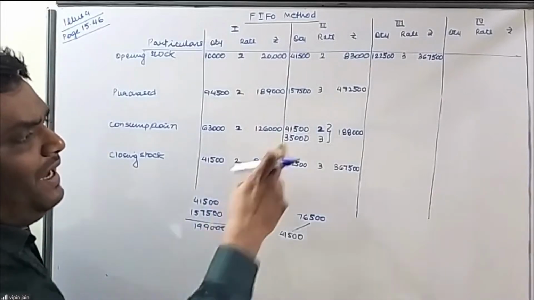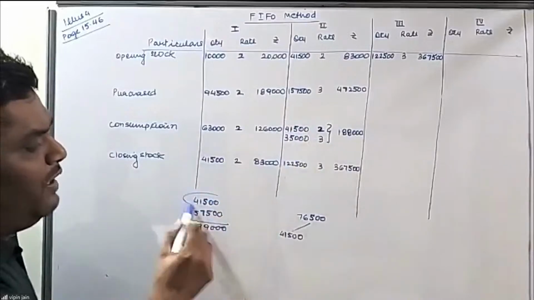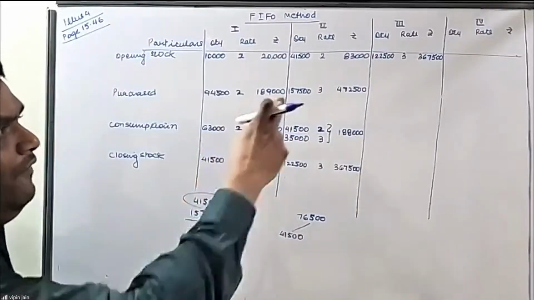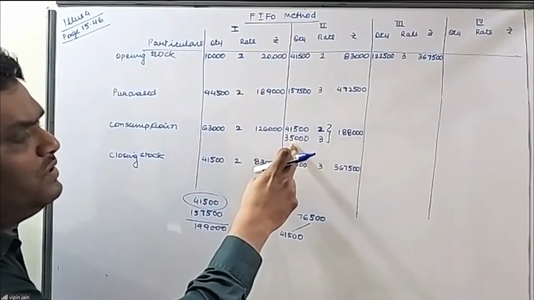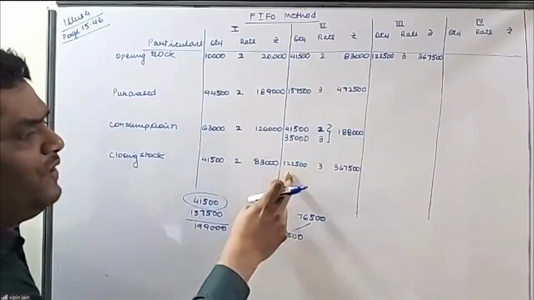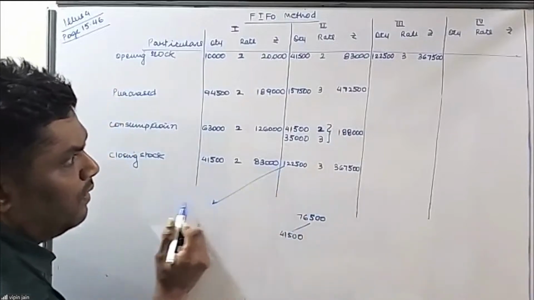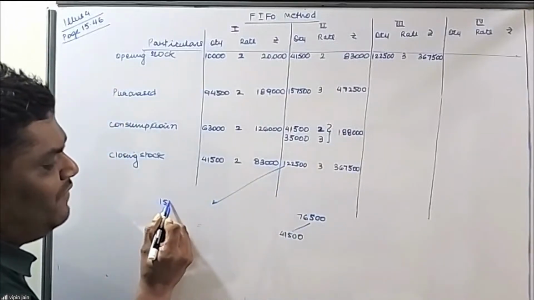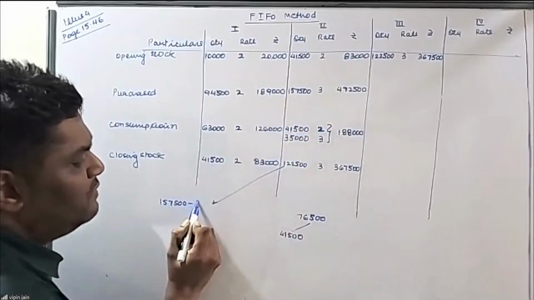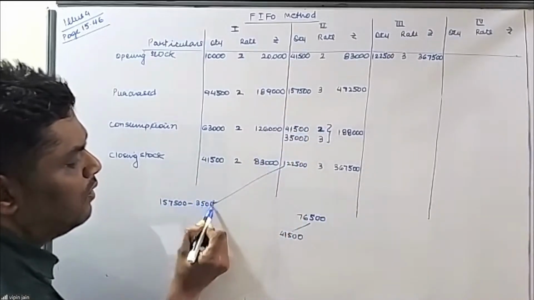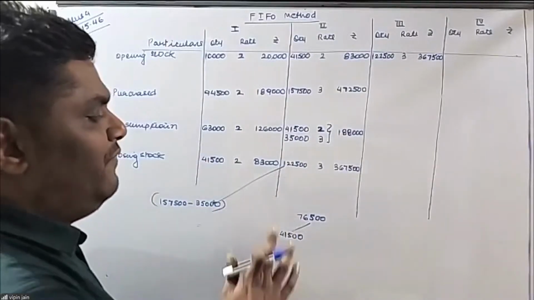Out of this 1,99,000, we have to issue this much. So 41,500 is gone, and from the balance 157,500, we have used 35,000. So the balance we are left with is 1,22,500.